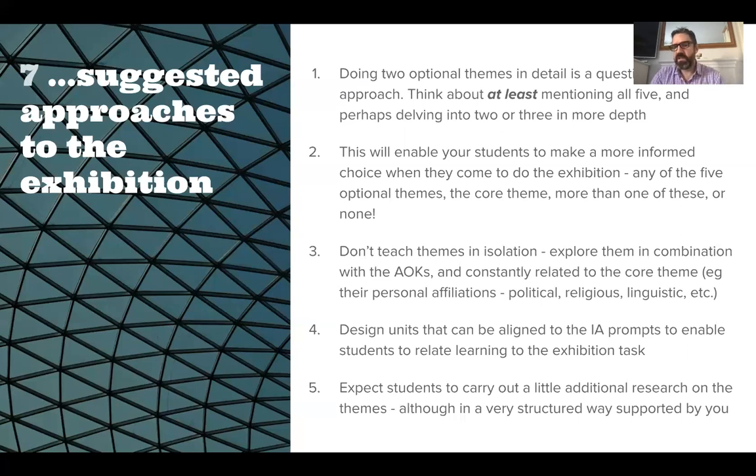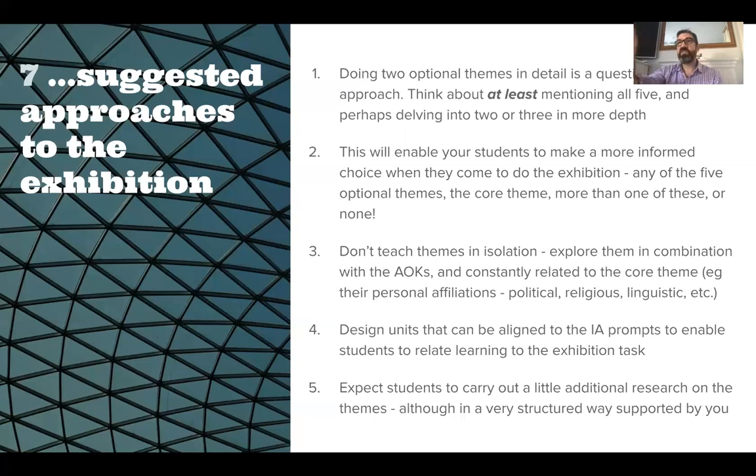I think your units should be aligned, if possible, to the IA prompts. Let's say in the course that I do, we try and get through 5 of the 6 big questions in year 1 before they do the exhibitions, and my students can instantly see, let's say big question number 4 is all about our perspectives and biases.